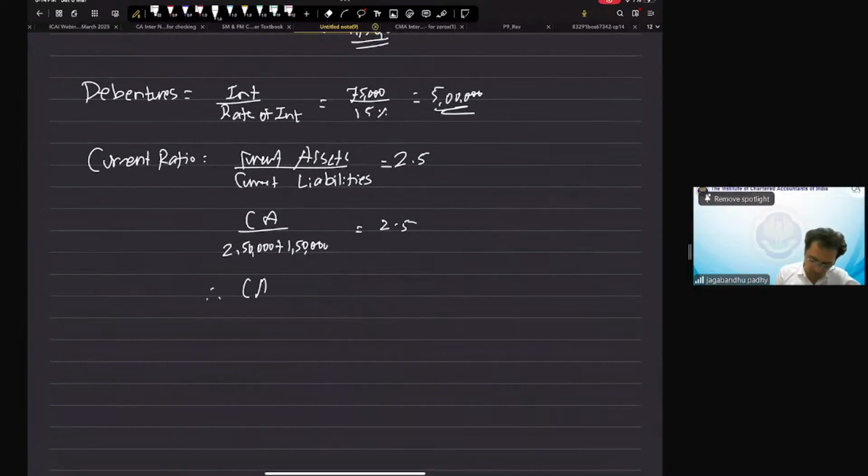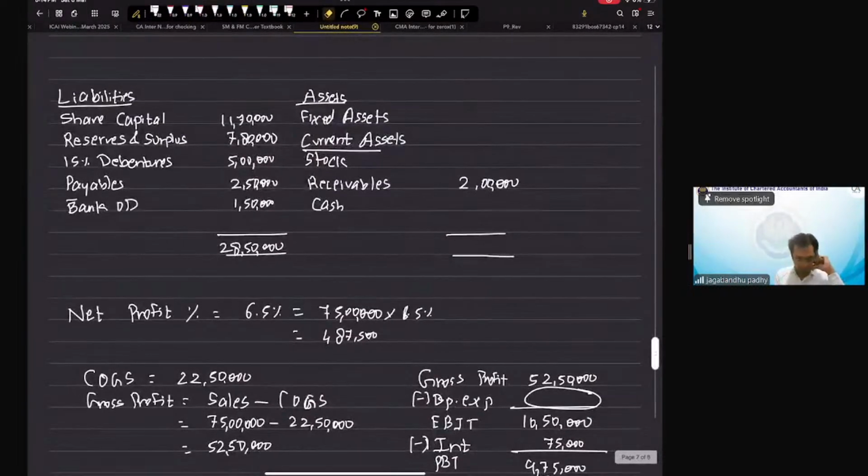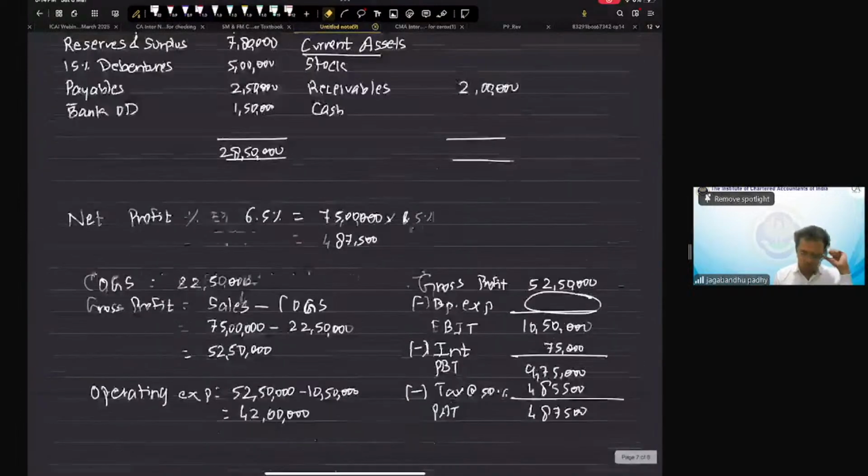So we get the current asset value as 4 lakh multiplied by 2.5, which is 10 lakh. Current asset is 10 lakh. Out of current asset, we know the value of receivables. We don't know the value of cash.